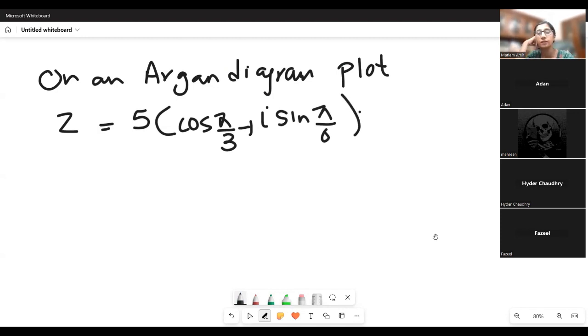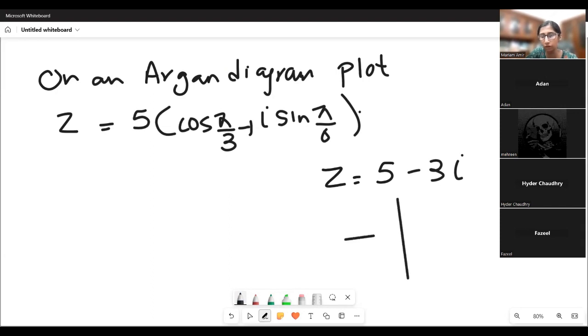Now this complex number is in polar form. If it were in rectangular form, let's say if it were z equals 5 minus 3 iota, then it's pretty straightforward to plot. You have 5 here and you have minus 3 here. So here's the point, (5, minus 3).